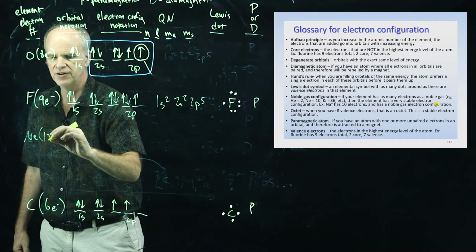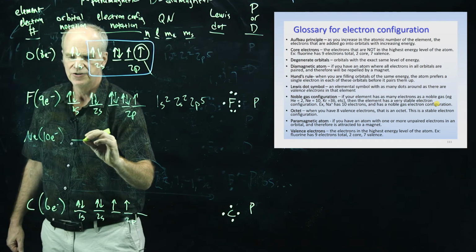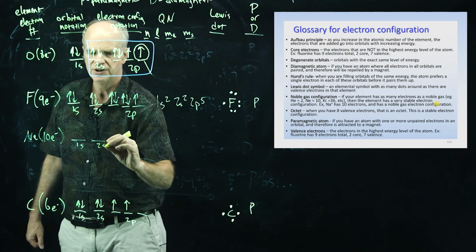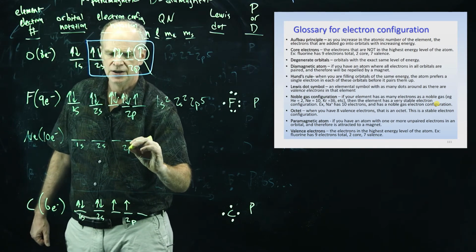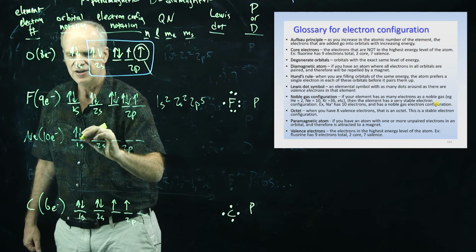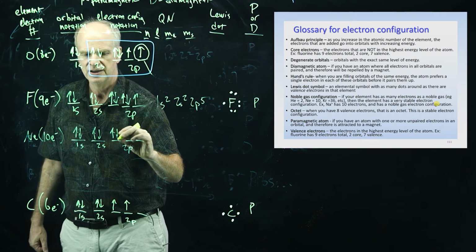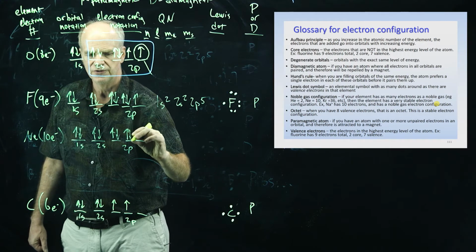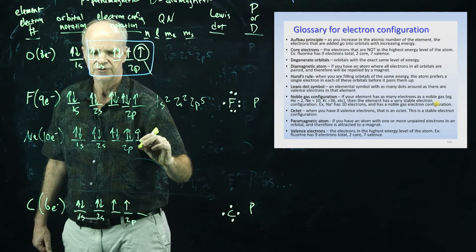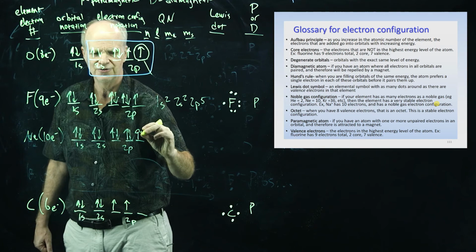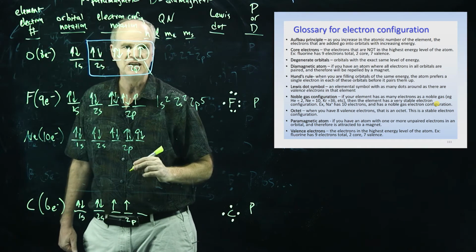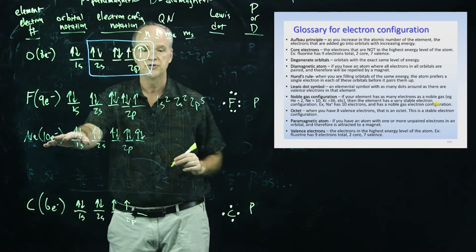Okay, how about neon? So this has 10 electrons. So its configuration is 1s, 2s, 2p. And I think what you can sort of see here is we have enough orbitals written out at this point. There are a total of 5 of them. I can't count. There are 5 orbitals here, each accepting a pair of electrons for a total of 10 electrons.